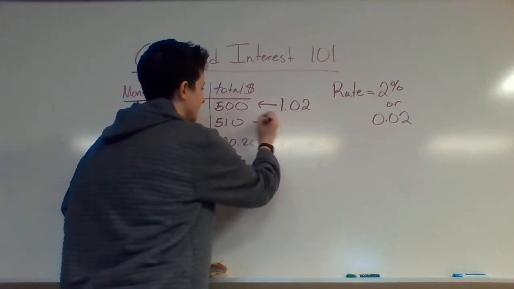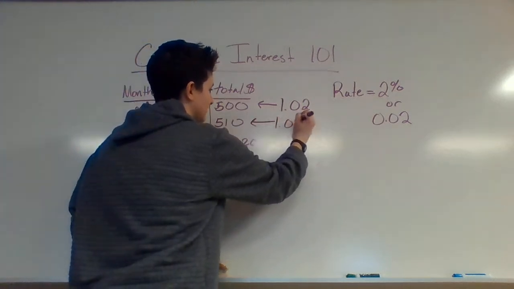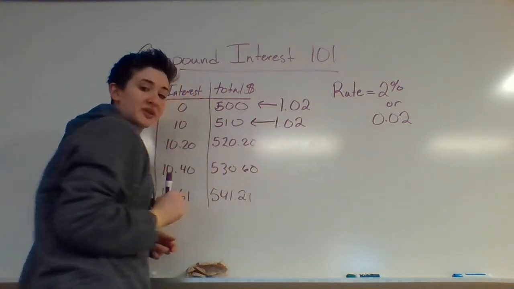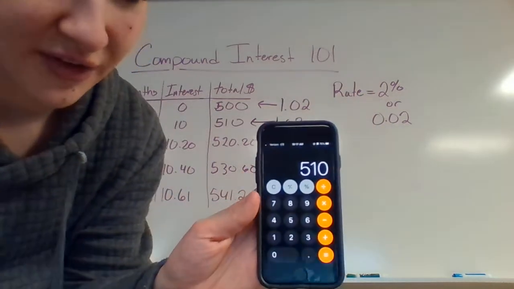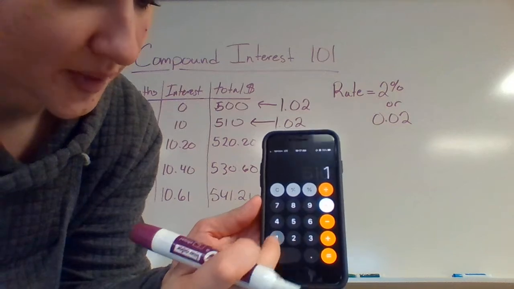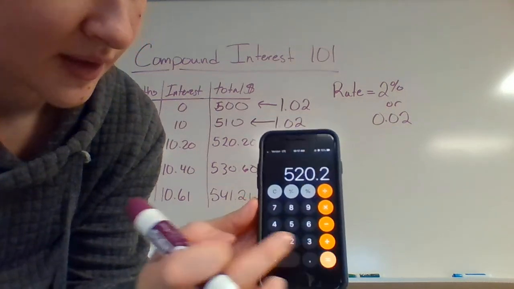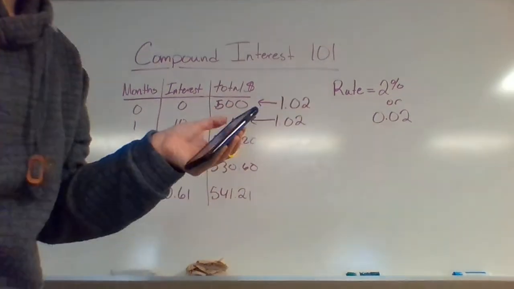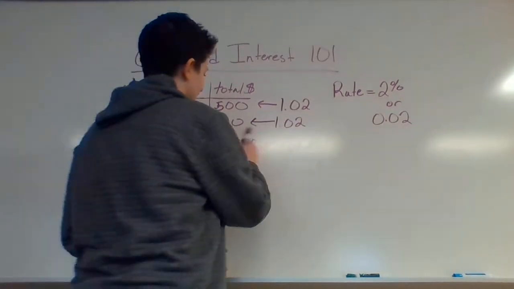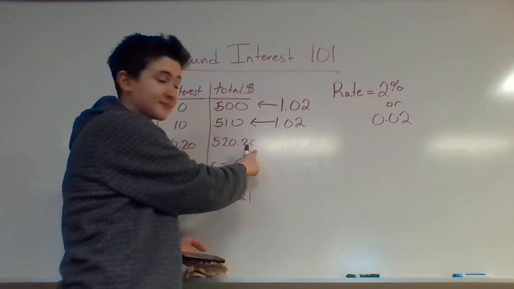So let's test this one again. Let's multiply 510 by 1.02. We should get 520.20. Let's figure this out. So I already have 510 loaded up here. We're going to multiply it by 1.02. And I got 520.2. Should we try that one more time?